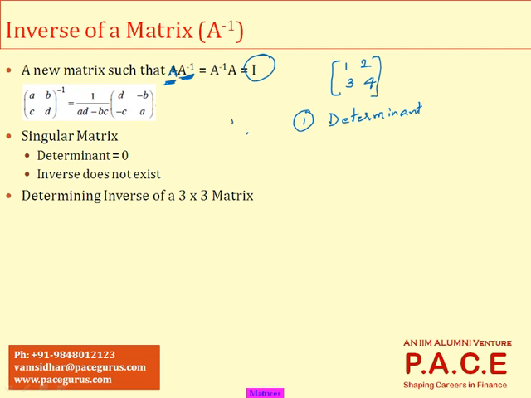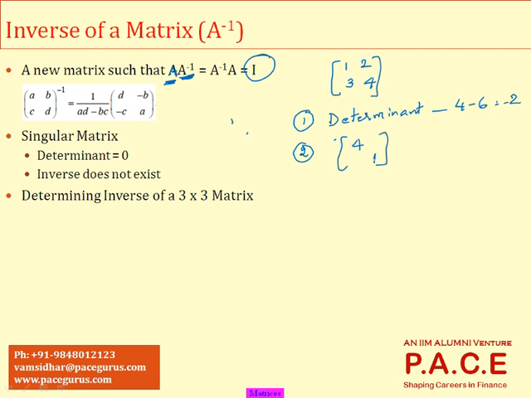Find the determinant. In this case, the principal diagonal multiplication minus the other diagonal multiplication. 4 minus 6, minus 2. Then the second step is to create a matrix where on the principal diagonal, you just reverse the positions: 4 and 1.